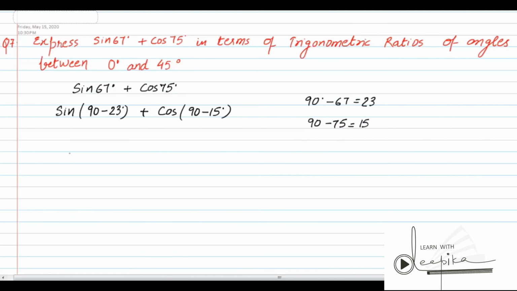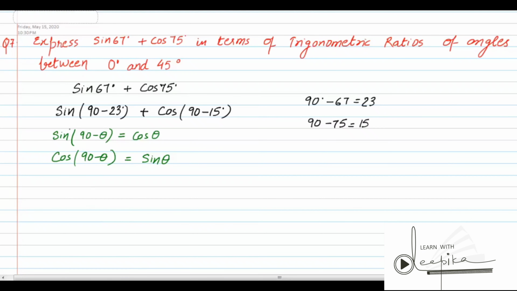Now using the formula sine 90 minus theta is equals to cos theta, and another formula, cos 90 minus theta is equals to sin theta.